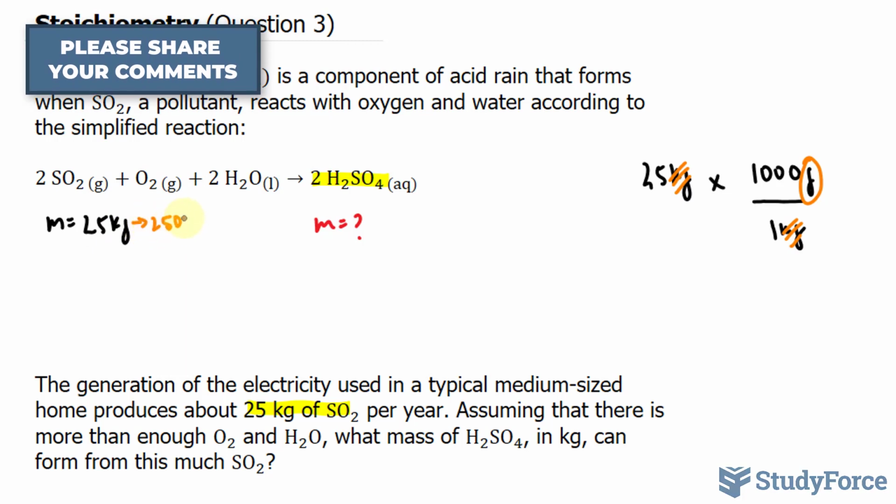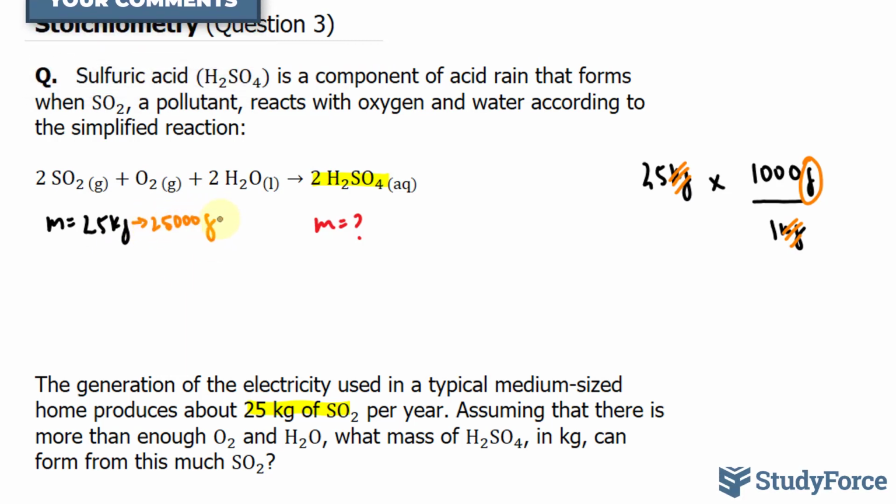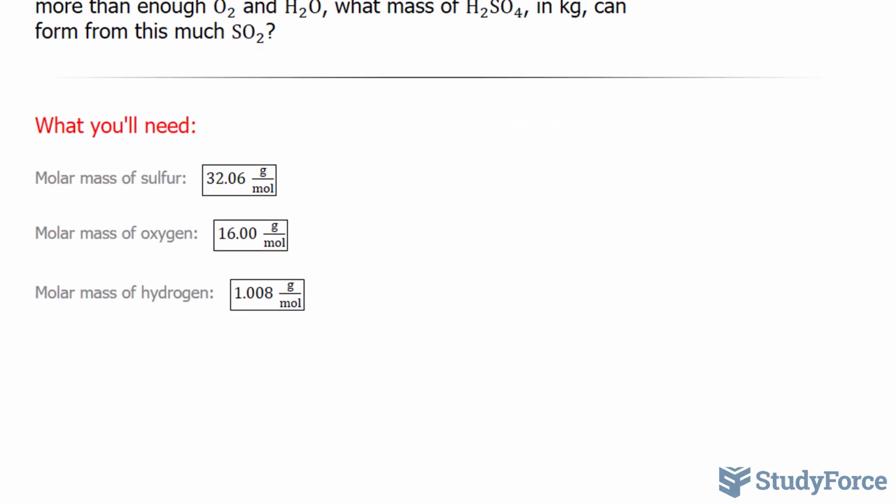Use 25,000 moving forward. The next thing that I want to do is find out the molar mass, which I'll represent by capital M, the molar mass of sulfur dioxide. For this, you'll need to find the molar mass of each individual atom within one molecule of sulfur dioxide. I found these on the periodic table and I've shown them conveniently here, although they can easily be accessed.